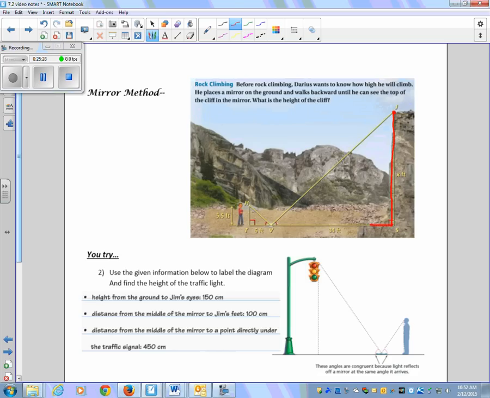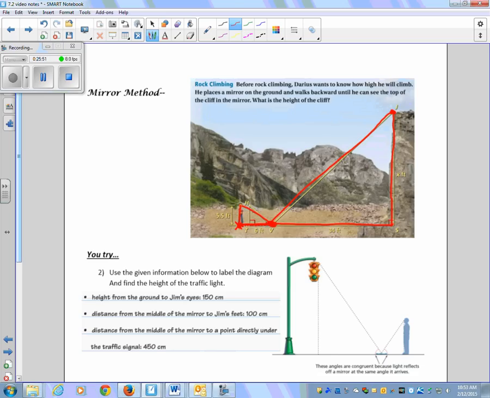You step away from your house and place a mirror on the ground, and you back away from the mirror. You walk backwards, looking with your eyes into the mirror, and you stop right when you can see the top of your house reflecting in the middle of the mirror. Wherever you stop, you mark your spot.